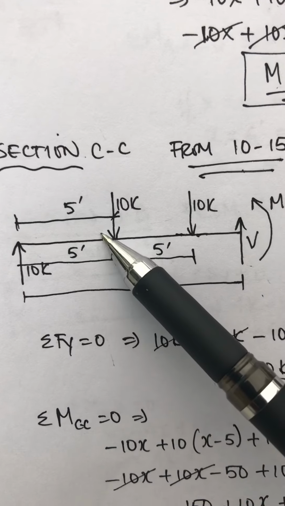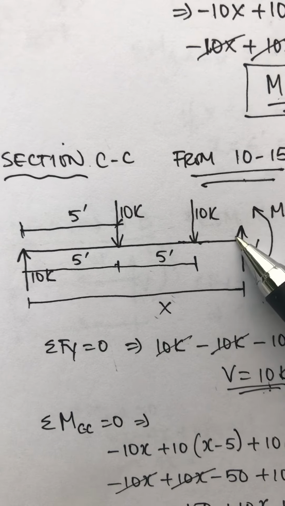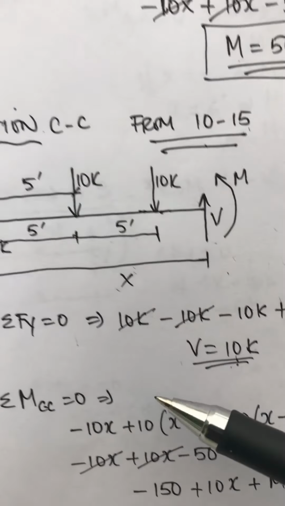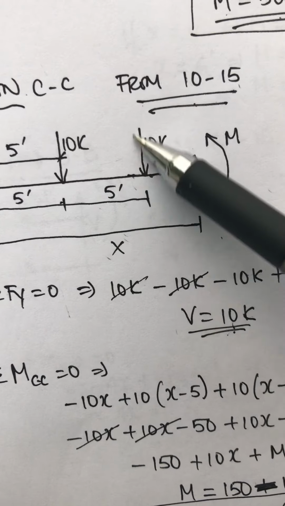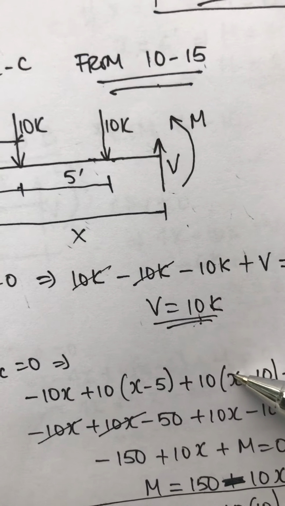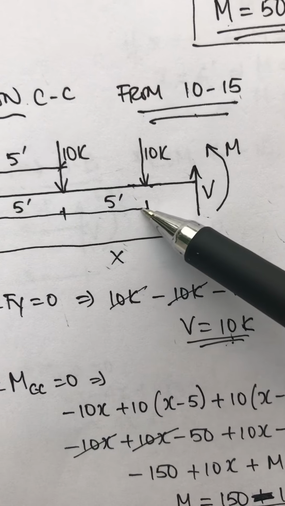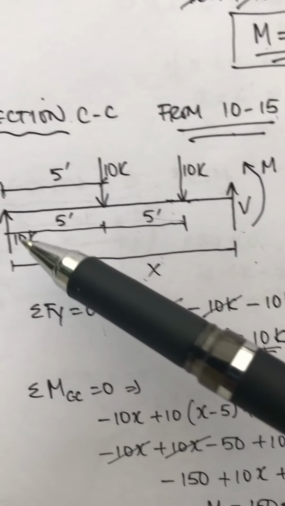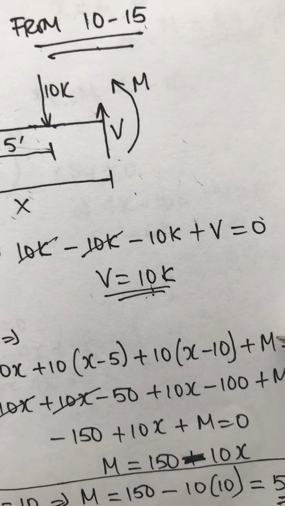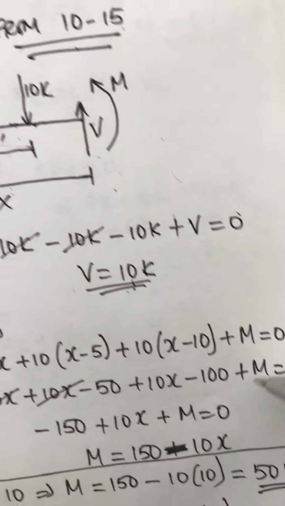That's the distance from here to that, x minus 5. And plus this 10 here, and the distance is x minus 10. So that's why minus 10 plus M equals 0.